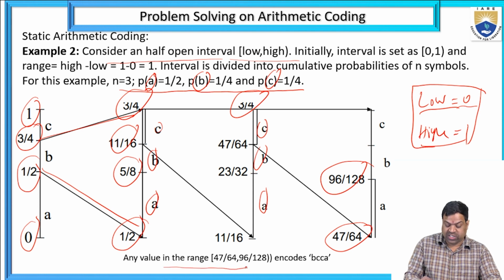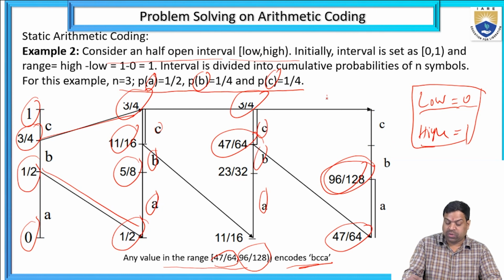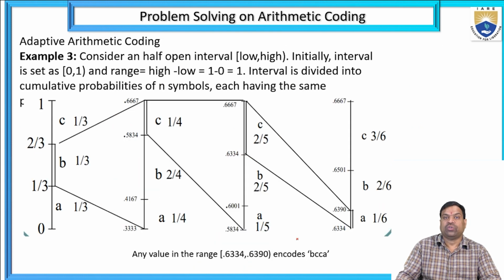So any value in the range 47/64 to 96/128 encodes BCCA. The arithmetic value for BCCA, B then C, C, C and A, is the probability value between 47/64 and 96/128.